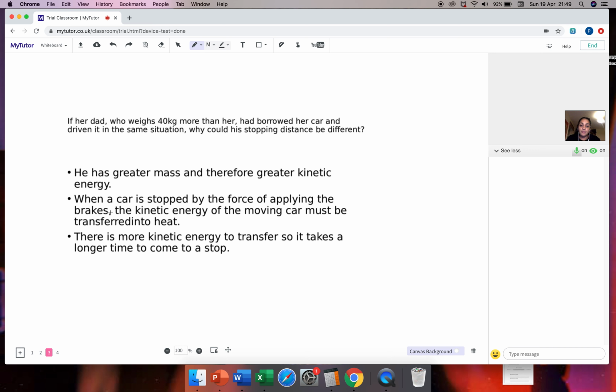The two go hand in hand. When a car is stopped by the brakes and the force of applying the brakes, that kinetic energy is transferred into heat. Now, we know that there is more kinetic energy to transfer than with Ria, so it takes a longer time to come to a stop.